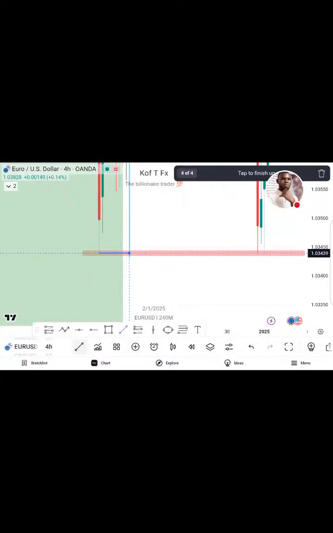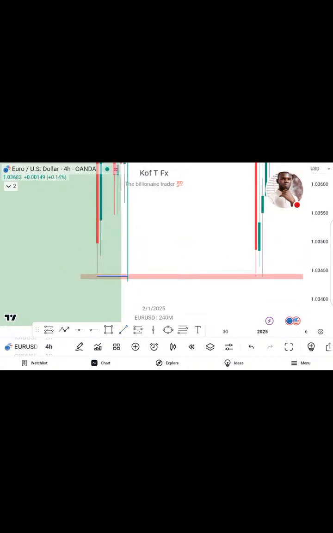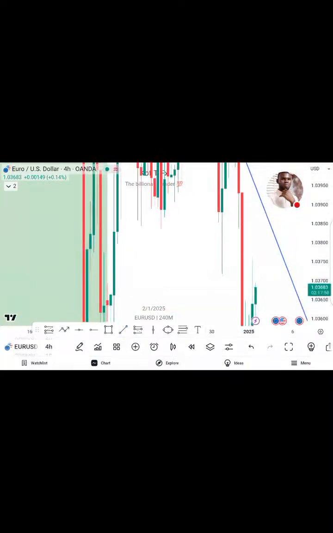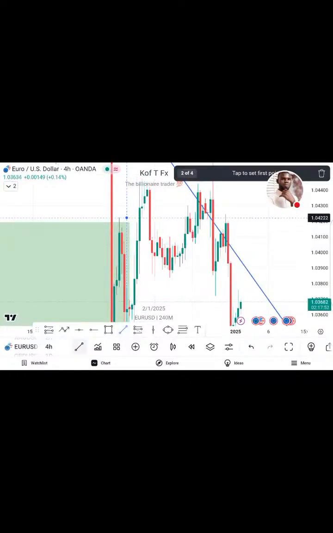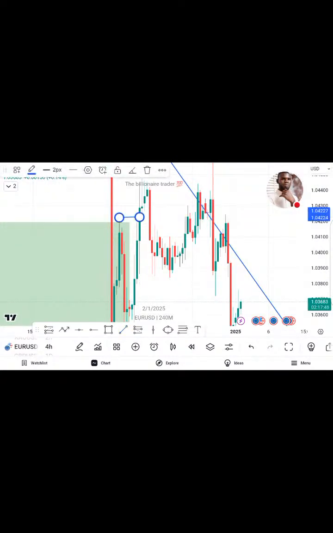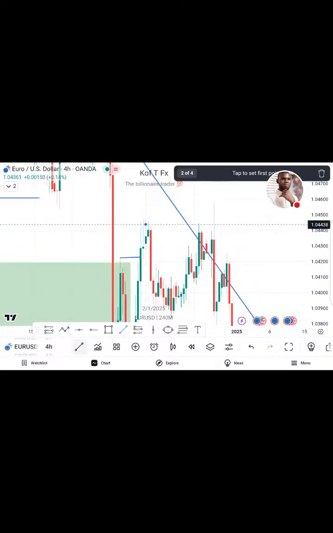After that liquidity gap, we have this high being taken out. After taking out that high, we also have these two being taken out.